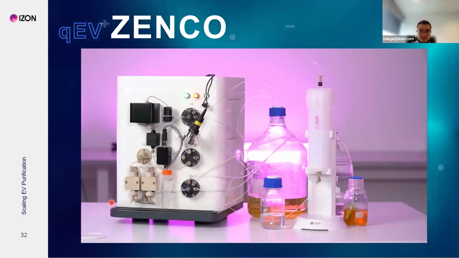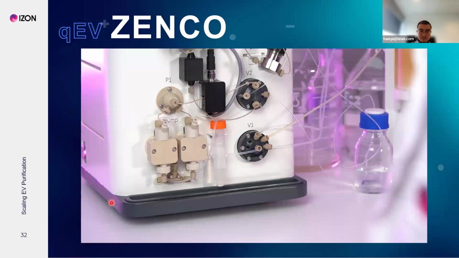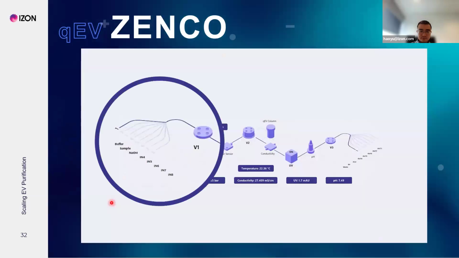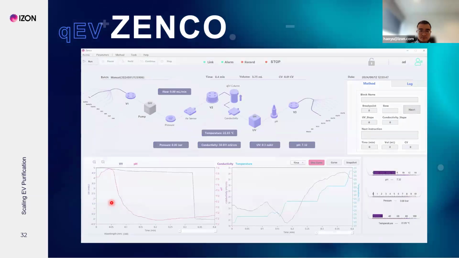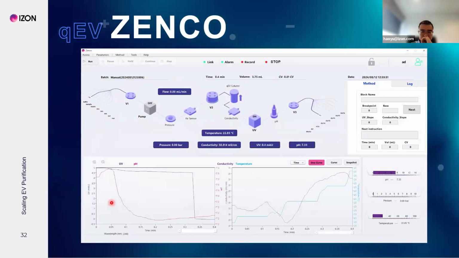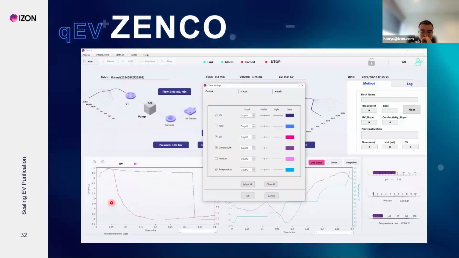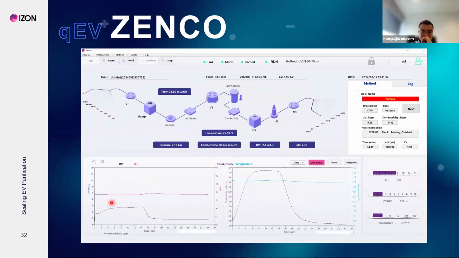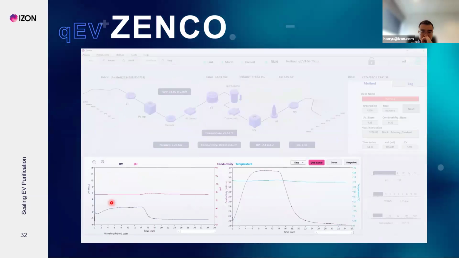The QEV Zinco will perform a series of draws with appropriate inlets automatically switching after your predetermined volumes have been taken. You can monitor parameters in real time and display up to 2 graphs simultaneously. Here, you can see the range of parameters that can be selected. In this case, we are choosing to display UV and pH over time, as well as conductivity and temperature.